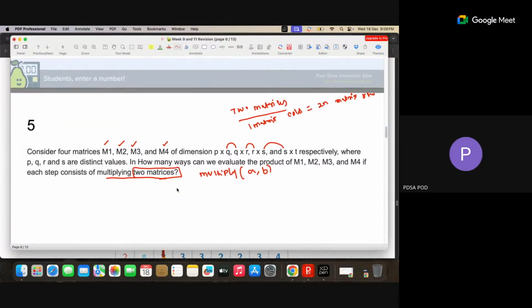So how many multiplications are required? We don't want to go directly to four. Let's take three matrices, M1, M2, M3.